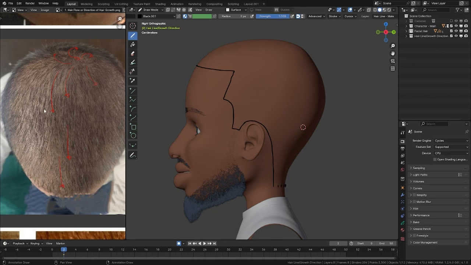It has a certain pattern that it follows. So from here, from back top, the hair flows to the forehead, while from top back, the hair flows downward to the neck, and from top to the left ear, the hair flows toward the left ear, while from top to the right ear, the hair flows toward the right ear. This is what we call hair flow.